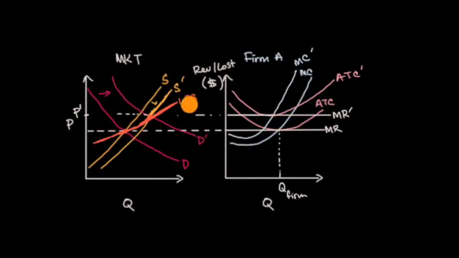Remember, the long run is enough time to go by for people to enter and exit the market, or enough time to go by so fixed costs aren't fixed anymore, that they can be shed or that they could be increased. Now, you could do another thought exercise. Let's say we're dealing with a market where the more people that enter the market, the inputs actually get cheaper.